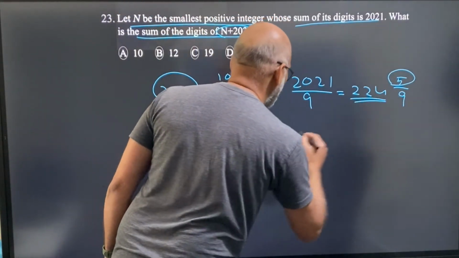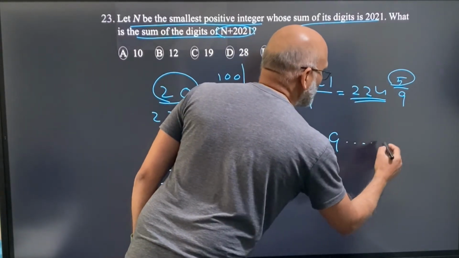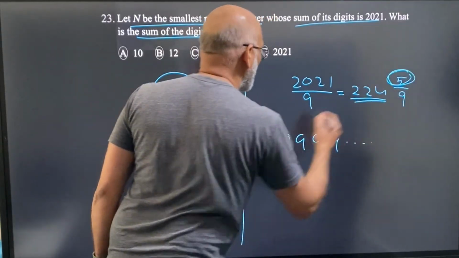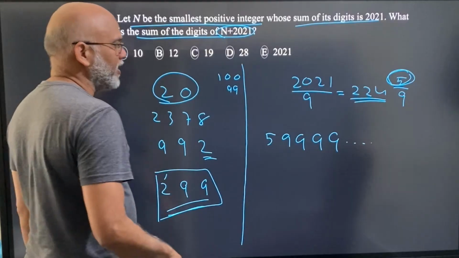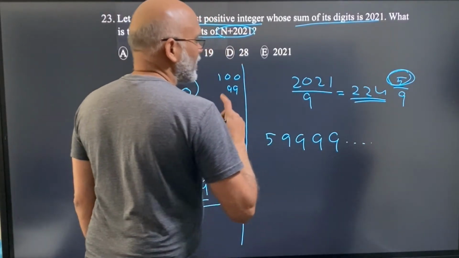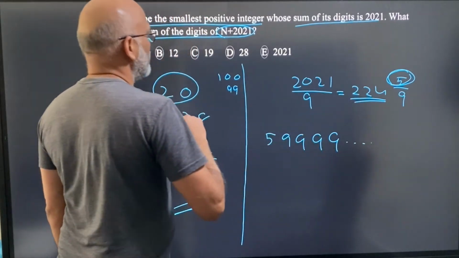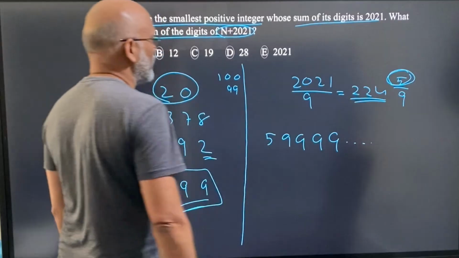So I'll have 224 9s, so 9, 9, 9, 9, 224 of those, and then 5. This remainder we want on the left hand side. Remember, we want that on the left hand side. So this is the smallest positive integer whose sum of digits is 2021.